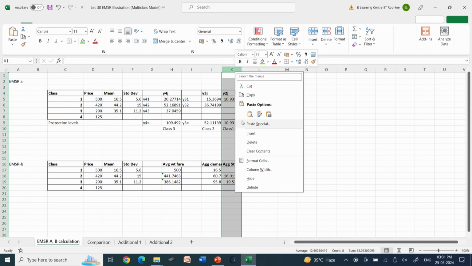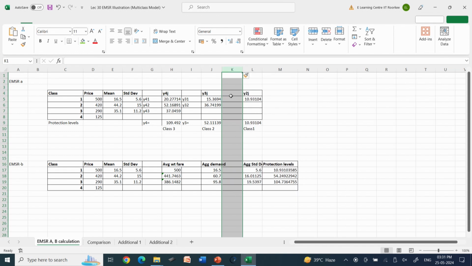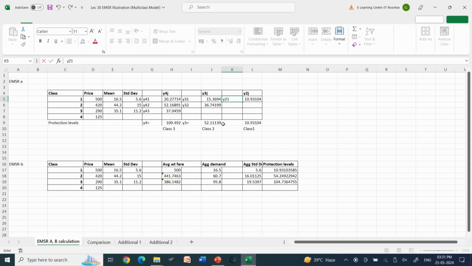Then for calculating Y2, we are left with only one cell which is higher than this. So, we will have only one thing to calculate, that is Y21, and in this way we got protection labels. So, this is the protection label for class 1. So, you have 109, 52 and 10.